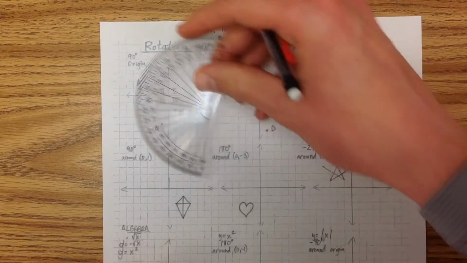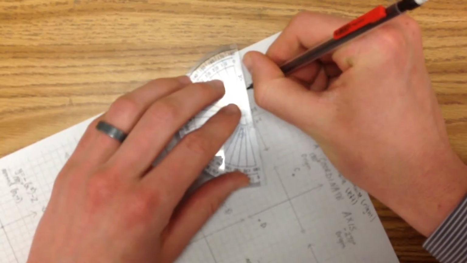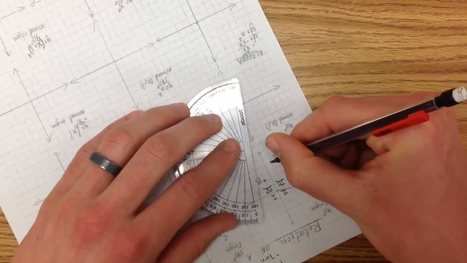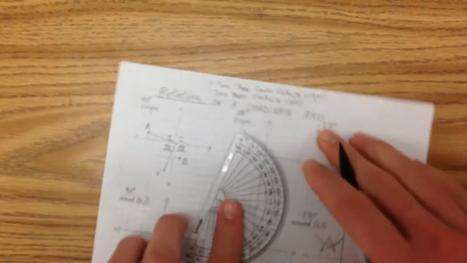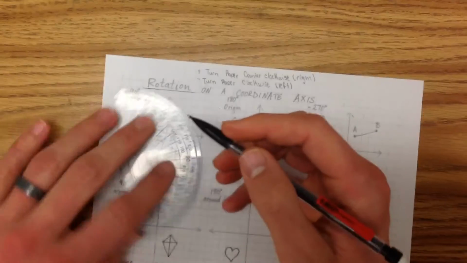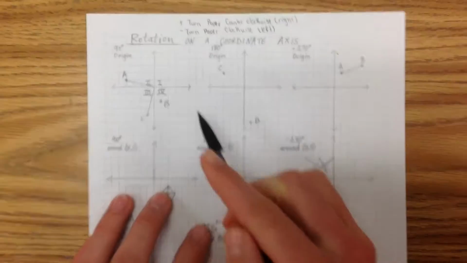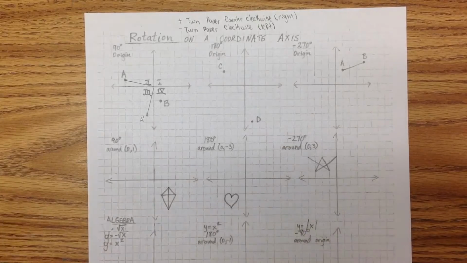And if I drew a line through my origin, notice it makes a perfect right angle. I just rotated that 90 degrees around the origin without using my protractor.